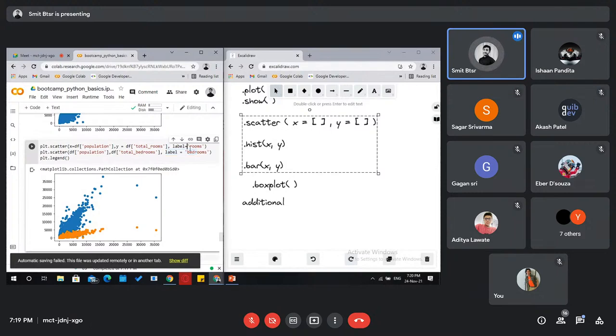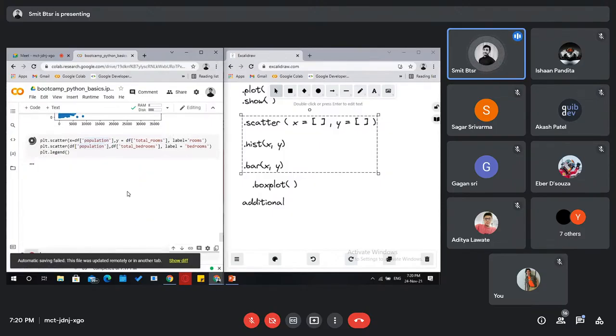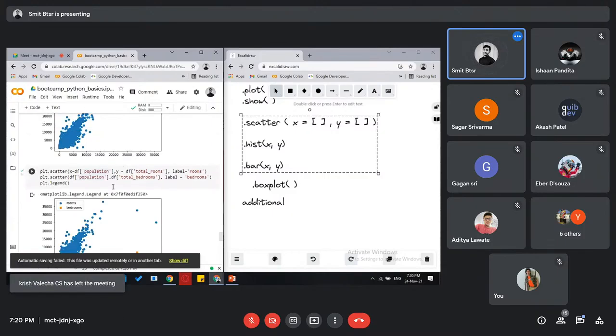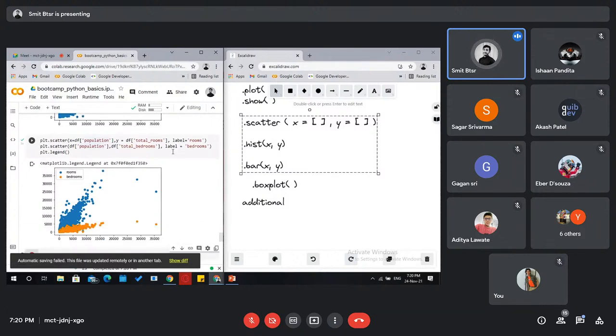When we specify the label, we don't have to specify anything in legend. It will just show the legend, and if we haven't labeled, it will only show blank boxes, or only blue and orange dots. Let's see. It shows us the legend, and we can now interpret which graph belongs to which color. Here you can see it reads the labels, rooms and bedrooms. So now we can see that orange is bedrooms and blue is rooms.